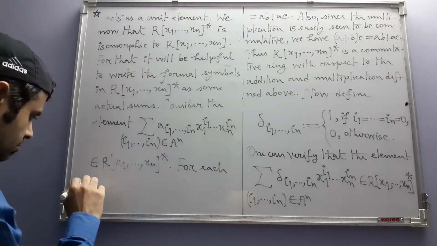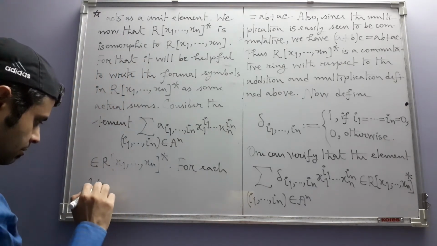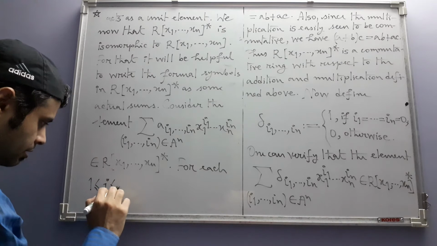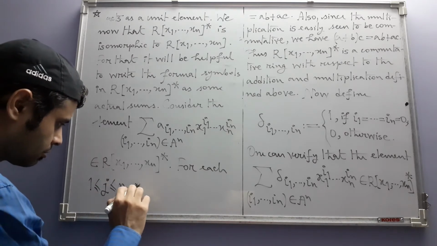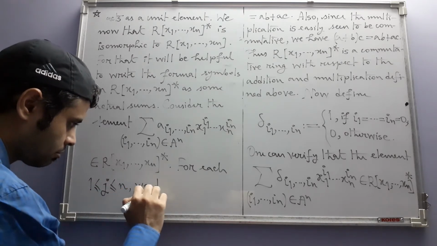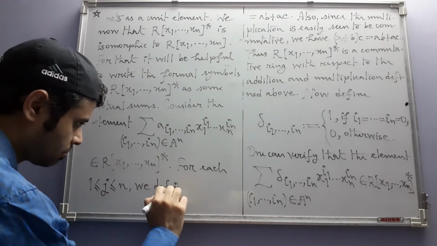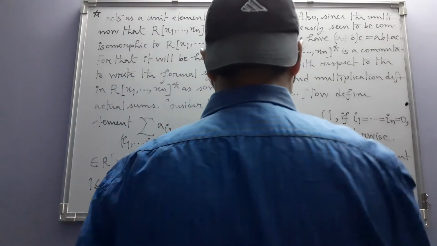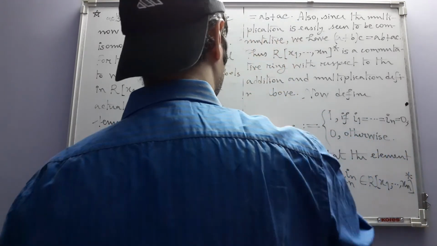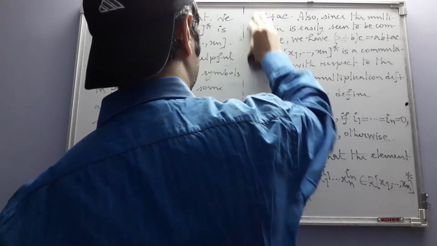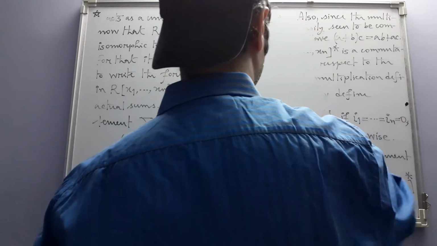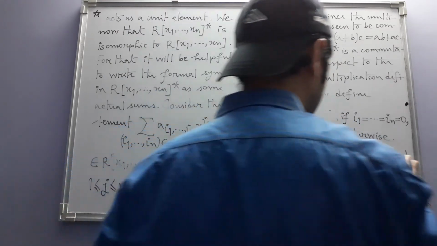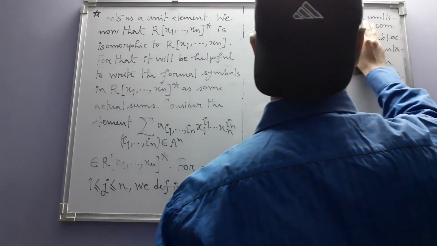For each j lying between 1 and n, we are going to define a formal symbol related to that j in our ring of formal symbols.